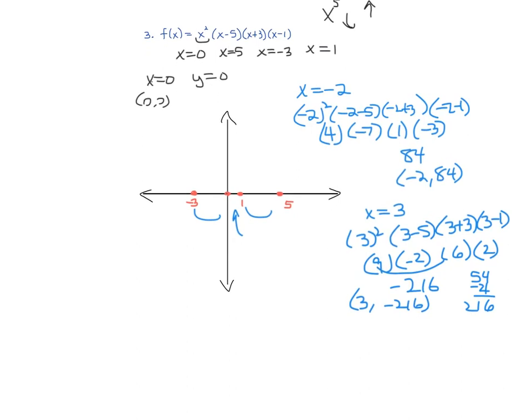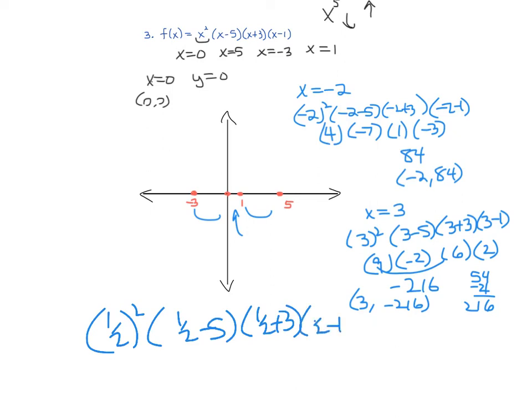Now, the 0 in between here, I'm going to also pick a point here. I'm going to plug in 1/2. So 1/2 squared, 1/2 minus 5, 1/2 plus 3, 1/2 minus 1. So 1/4 times negative 4.5 times 3.5 times negative 1/2.